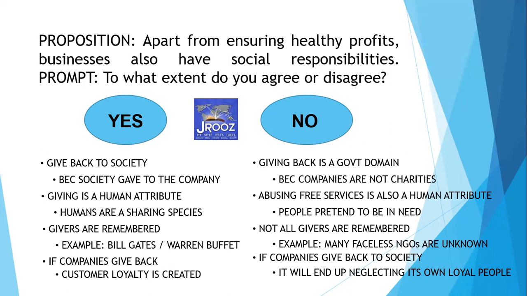Always begin with the agree. If you don't have the agree argument, then the essay is missing half of its content. Do you follow, guys? That's why there is no such thing as a disagree essay. A disagree essay begins with an agree before proceeding to the disagree. Is that clear, people?